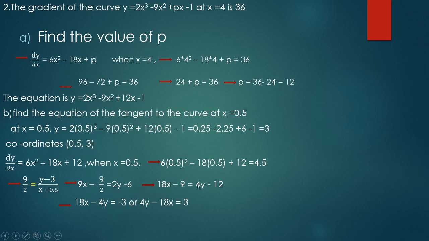If I take 4y to the other side, 18x minus 4y equals negative 3. That is the equation. Or somebody can write it as 4y minus 18x equals 3 if you want to remove the negative. So that is the equation of the tangent to the curve.